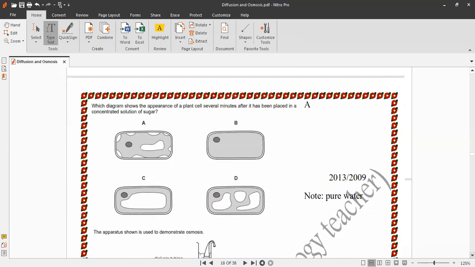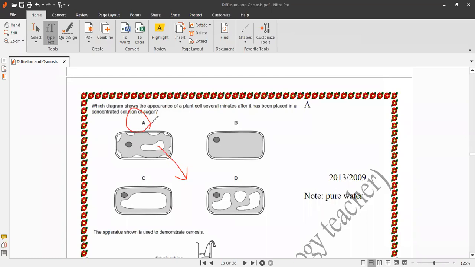Next question. Which diagram shows the appearance of a plant cell several minutes after it has been placed in a concentrated solution of sugar? If you put the plant cell in a concentrated solution, the water will move out, so the cell will shrink.